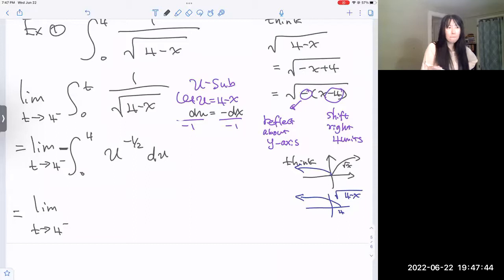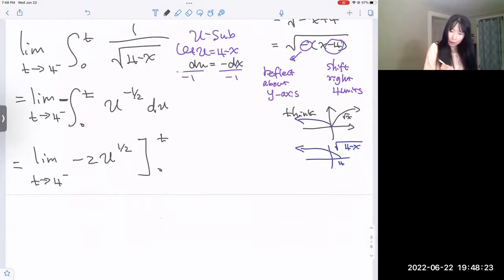So what do you get? The antiderivative. Minus 1 divided by 2. Yeah. Okay, good. And then we're going to evaluate. Oh my goodness, why did the t... So we change that from 0 to t. Then we're going to change u back, which is 4 minus x.